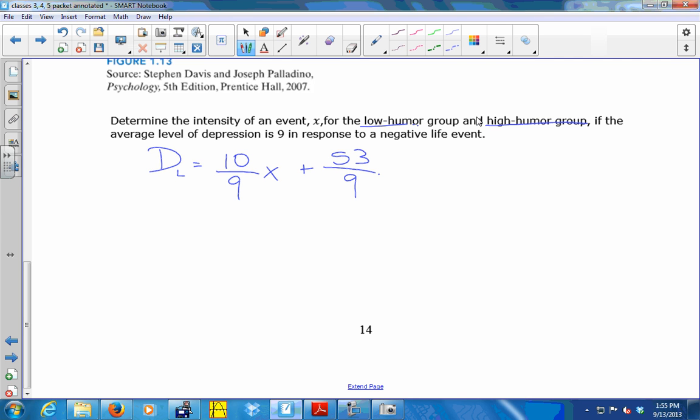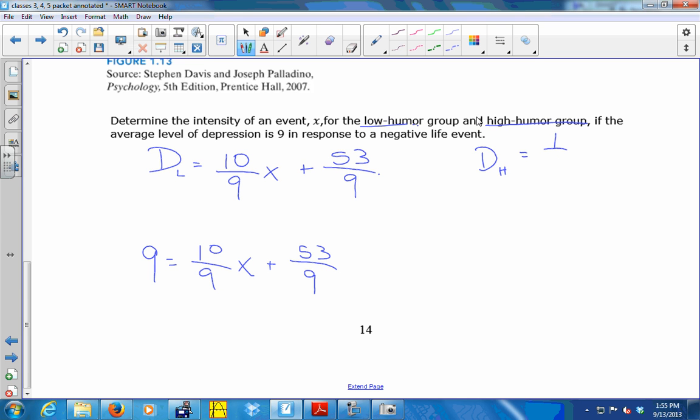So if the average level of depression is 9 in response, I want to replace the D, which stands for depression level, right, with a 9. So I have 9 equals 10/9 x plus 53 ninths. And then I'm going to set up a similar equation for the high humor group, D sub h.